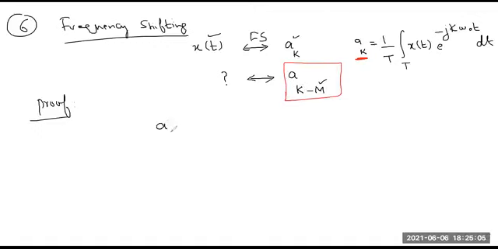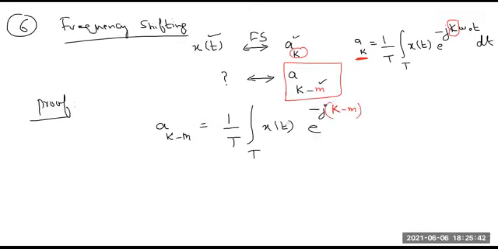I will say the Fourier coefficient a k minus n must be equal to 1 over T, integration over T, x of t and then e power minus j, and now I'm going to replace k by k minus n, so e power minus j k minus n. Let me use small letters: this is small n, and similarly this is also small k. So we end up with this.